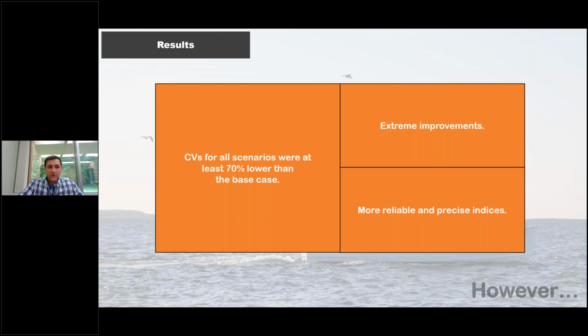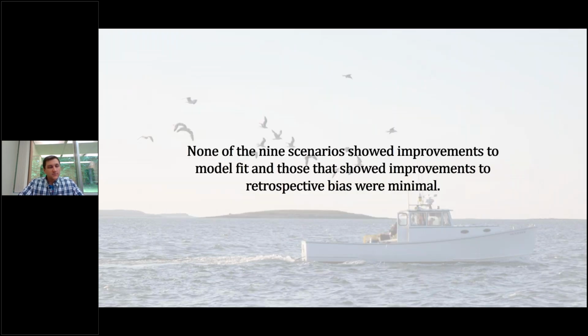However, moving on from here, there's a band-aid that needs to be ripped off concerning the rest of the results. And that's that none of the 9 scenarios actually showed improvements to model fit. And those that showed improvements to retrospective bias were pretty minimal.